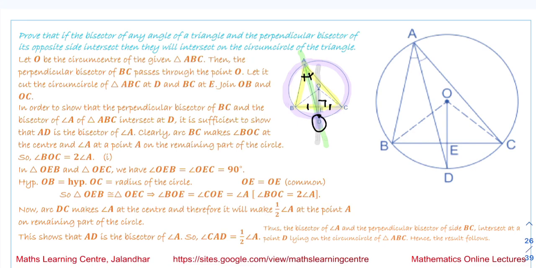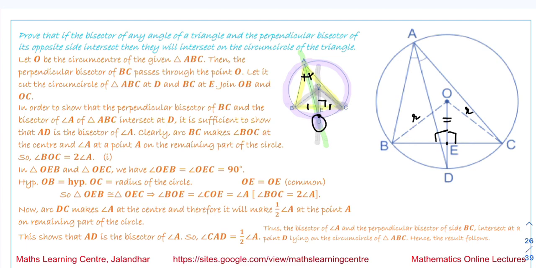First of all, we have done the construction over here, and we have joined the points B and C with the center O, giving BO and CO. Now look at this triangle over here. This point is E, and this angle is 90 degrees. These two are the radius, and this is the common side.